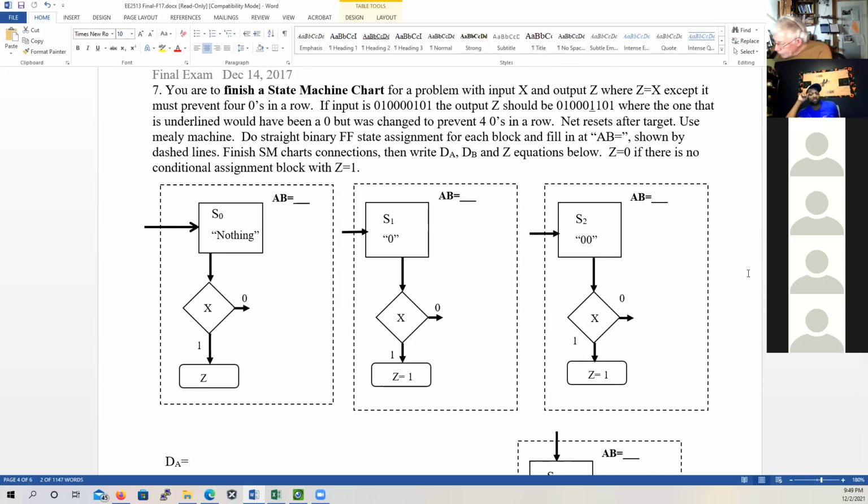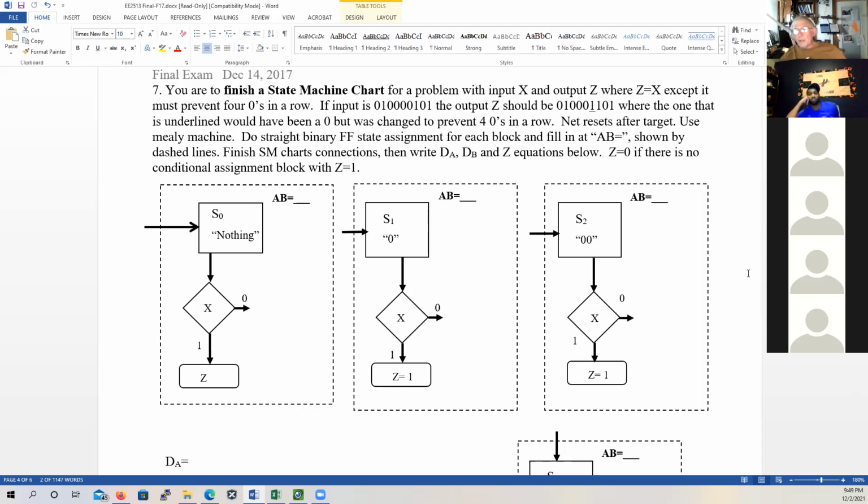You're to finish a state machine for a problem with an input X and an output Z, where Z equals X, except it must prevent 4 zeros in a row. Well, it's the same problem. If the input is 0, 1, 0, 0, 0, 0, 1, 0, 1, then the output Z should be 0, 1, 0, 0, 0, 1, where the one that is underlined would have been a 0, but it was changed to prevent 4 zeros.